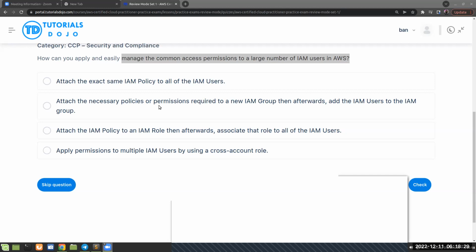Attach the necessary policies or permissions to a new IAM group, then add the IAM users to the IAM group? Attach the IAM policy to an IAM role, then associate the role to all of the IAM users? Or apply permissions to multiple IAM users by using a cross-account role?